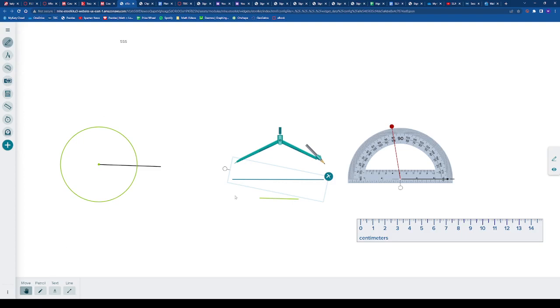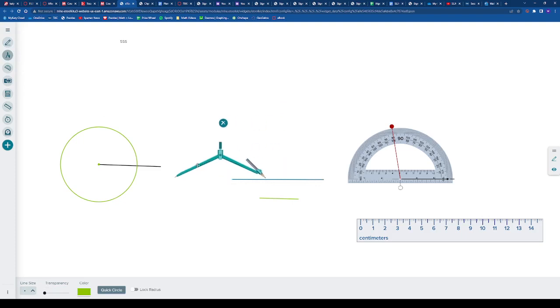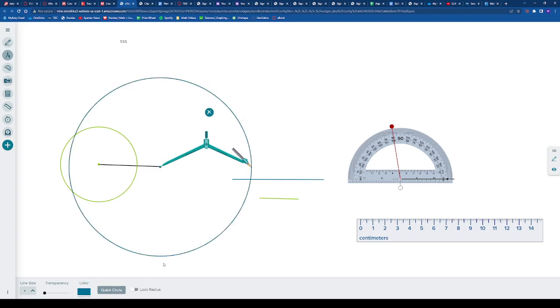Maybe that. Good. Okay. So we've got our blue segment measured. We're going to put it here, and then we're going to do another circle of that size. So wherever we end up with those two circles crossing is going to be the only place that we can make our triangle.